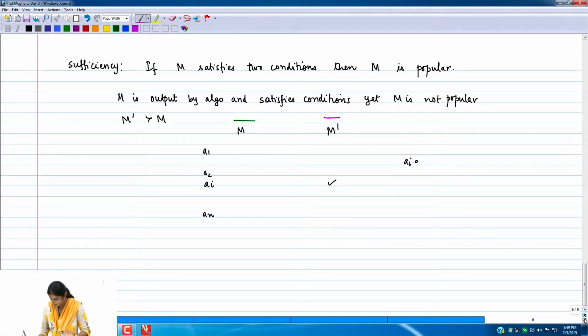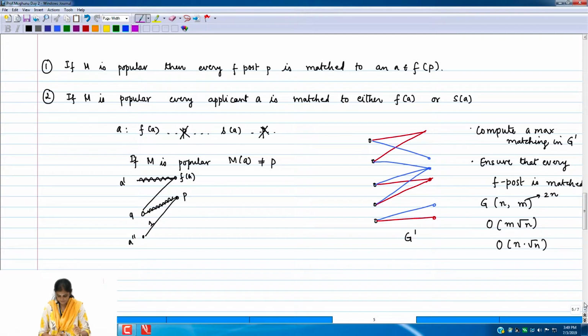So go back and ask what were the conditions: every applicant is matched to either its F of A or S of A, right? Okay, so should it be matched? Green matching is M, which satisfies this condition. Should it be matched or not? You say yes, you seem to say no, right?